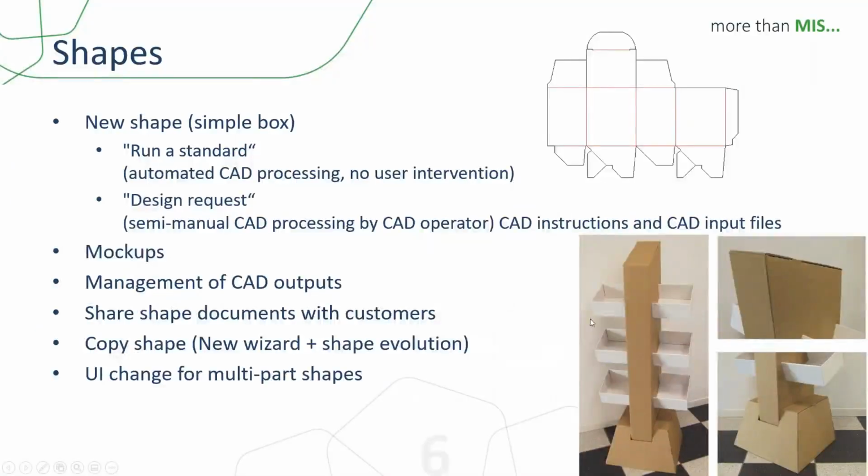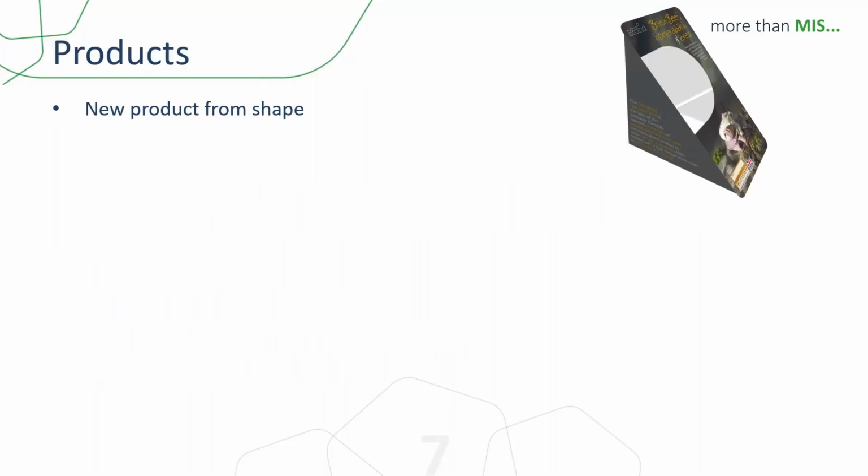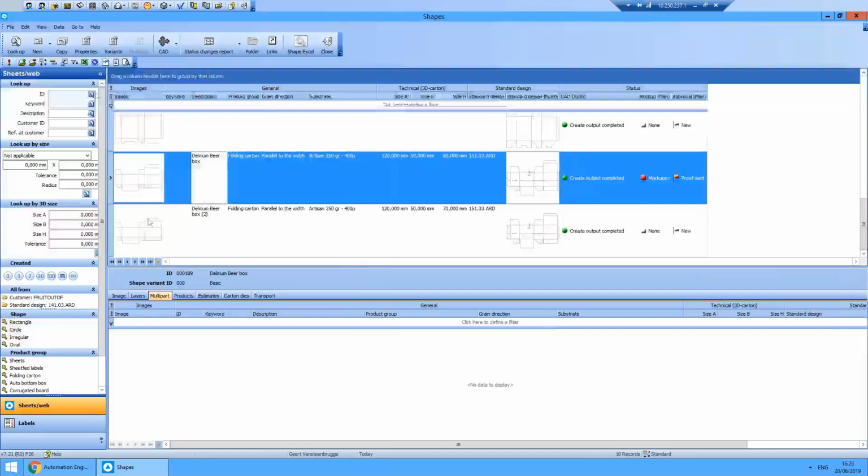I will now move on to the management of the products. So this was the picture of the multi-part shapes. I will now move on to the products and start creating products from a shape. Let's have a look at an example.